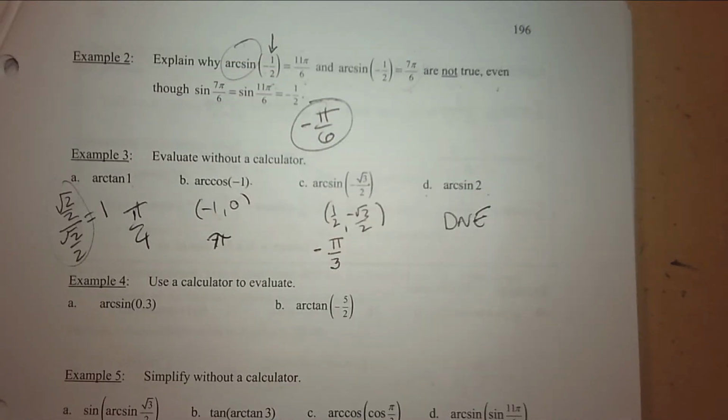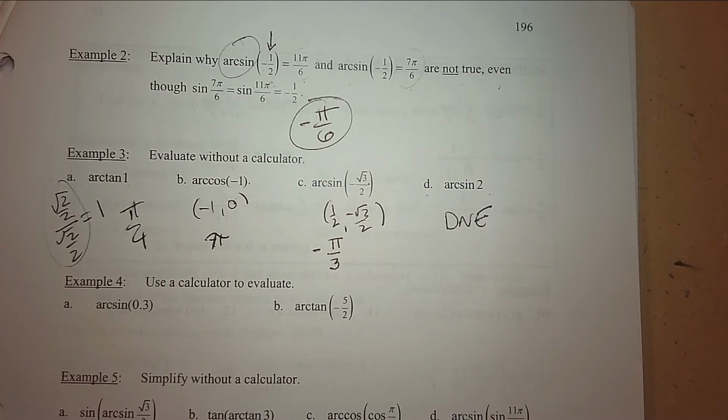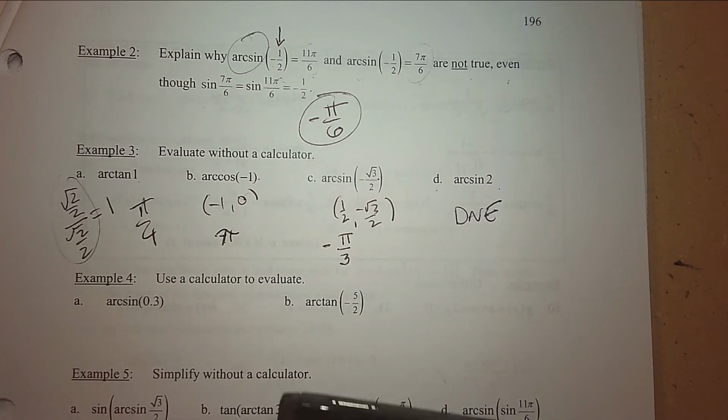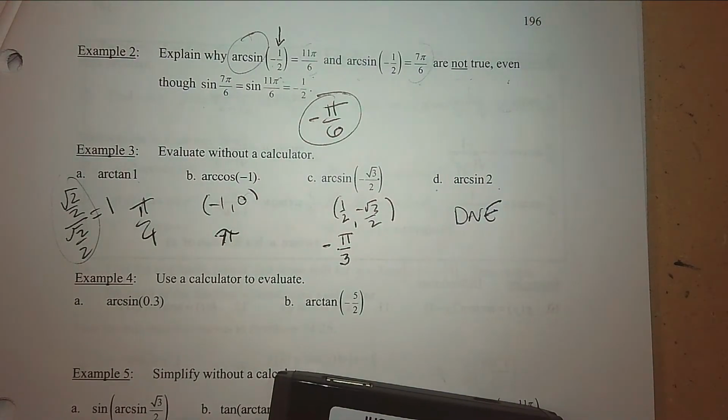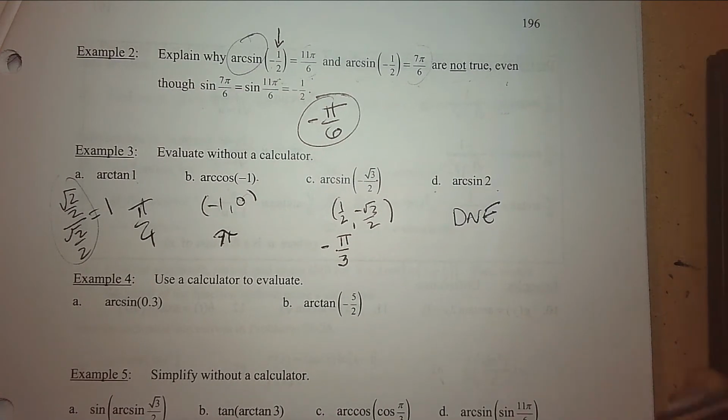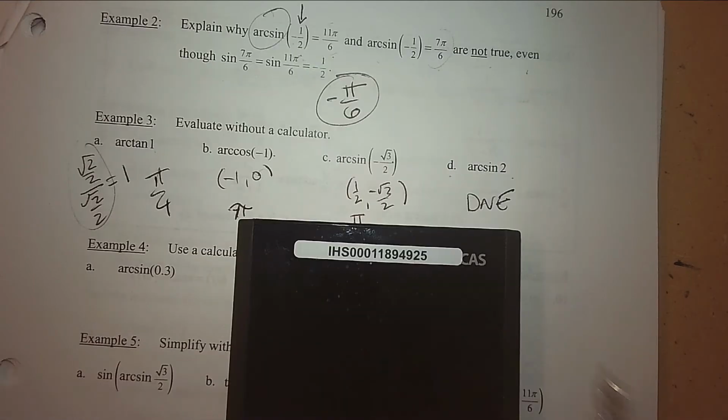All right, part 2, lesson 9.4 on inverse trigonometry. So it says use a calculator to evaluate arcsine 0.3. So turn on your calculator.